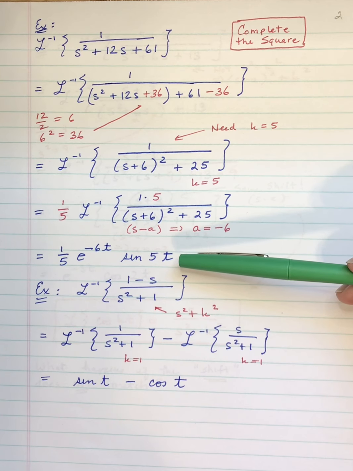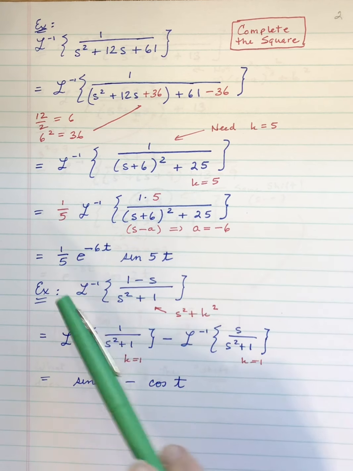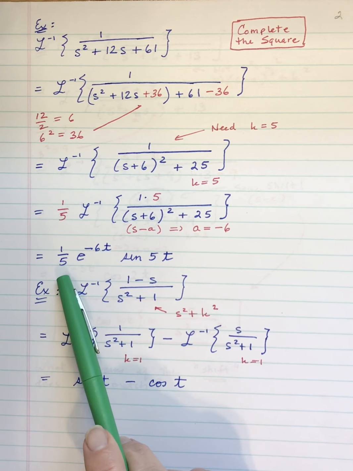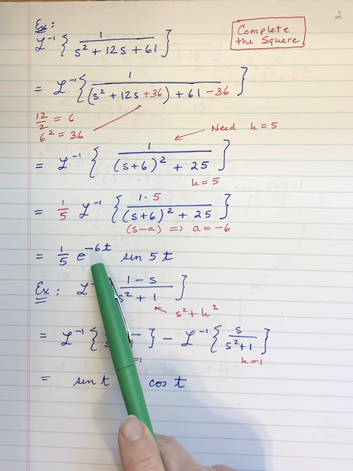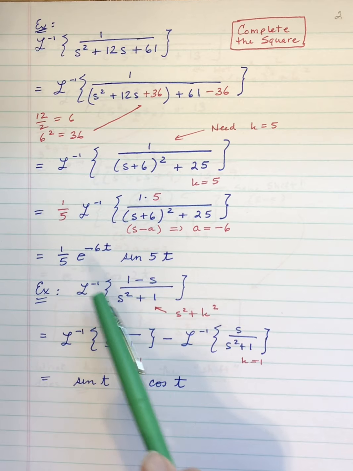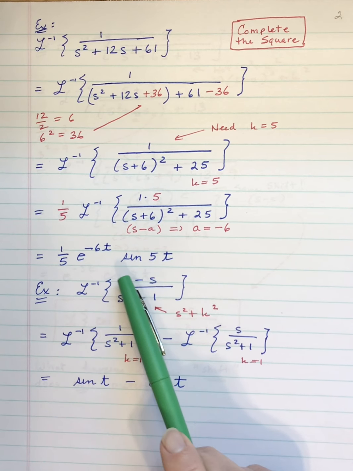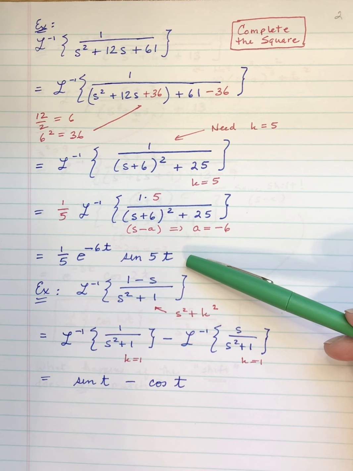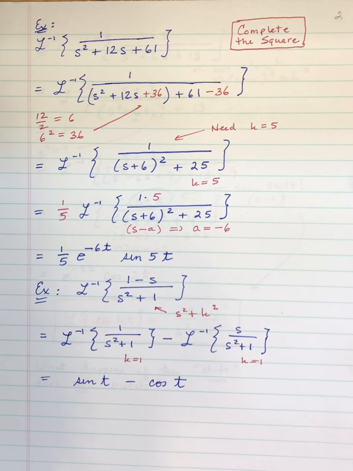That would be the inverse Laplace transform of the sine of 5t, but we've shifted with our a equal to negative 6. So we have our 1/5, our e to the at, where a is negative 6, and then sine of 5t. So all we've done is shift this sine of 5t by an e to the minus 6t.